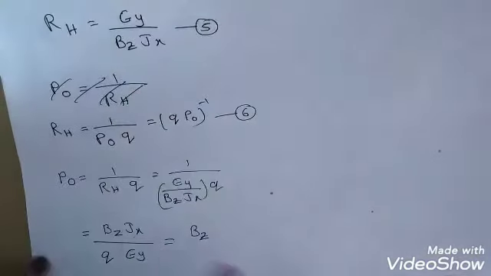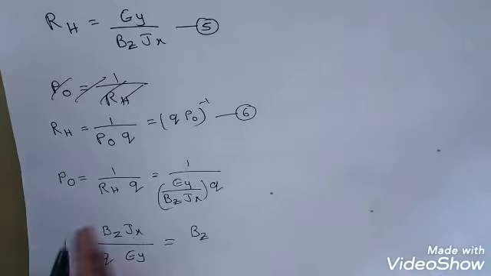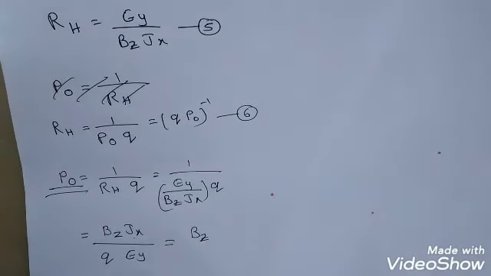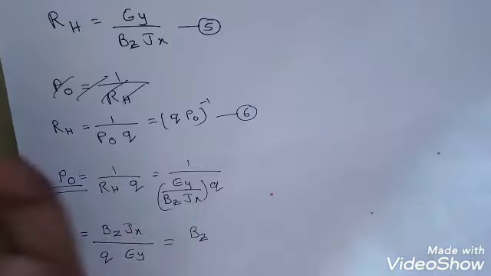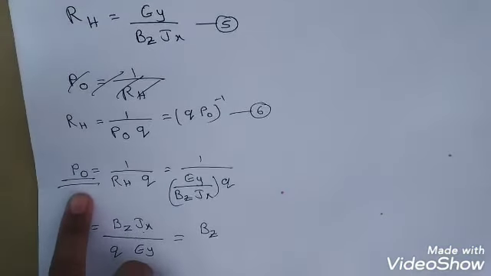So why we are deriving all these things for a Hall effect sensor is to calculate the carrier concentration. Carrier concentration means the number of holes or electrons, whether it is a p-type material or an n-type material. In order to calculate that, we are calculating P0. Here we consider a p-type material, so for that reason we are concentrating on P0.